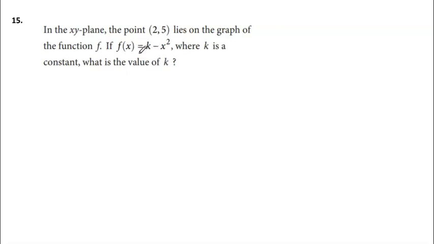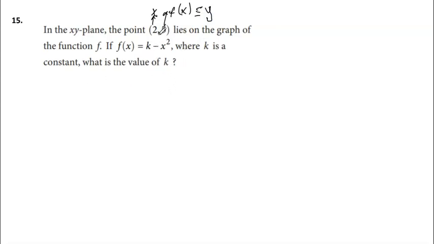If f of x is k minus x squared, where k is a constant, what is the value of k? And remember, when you see this, the first one represents x, the second one represents f of x, right? Or you can say y. It depends on how the question is put, right?